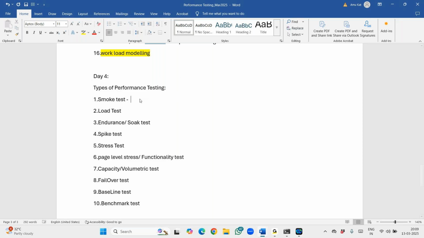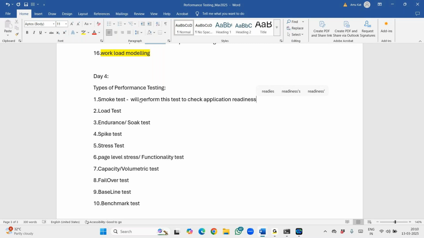You can define this testing as a test to check application readiness. Here we are just checking whether everything is good in the application, and working properly and as expected or not.